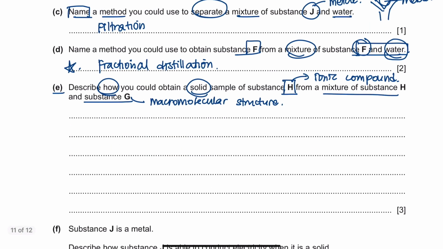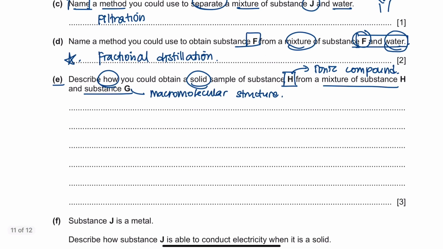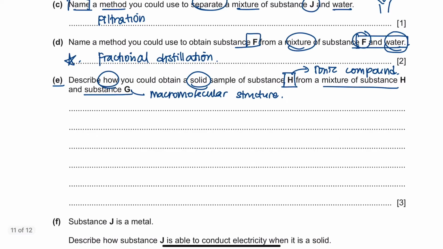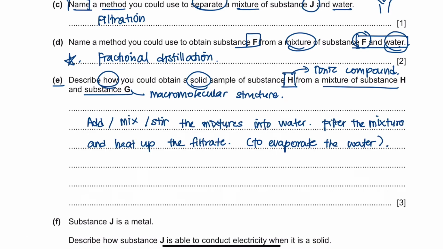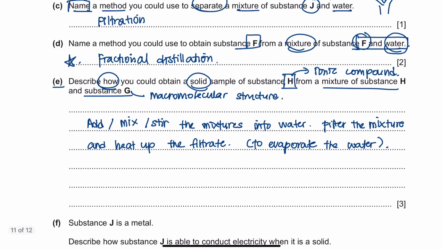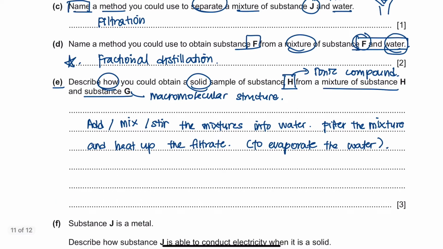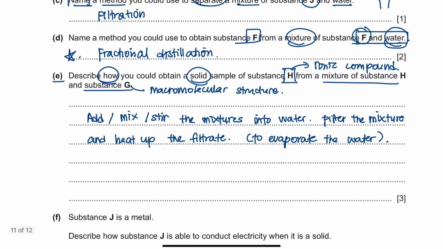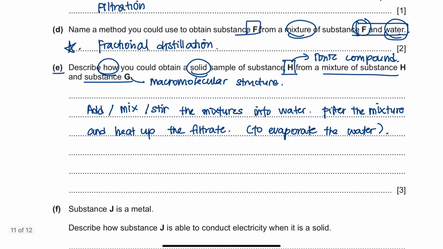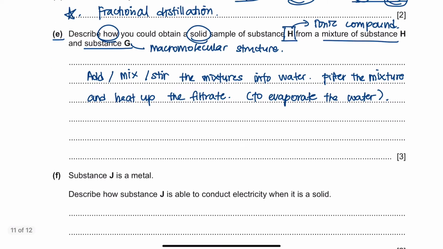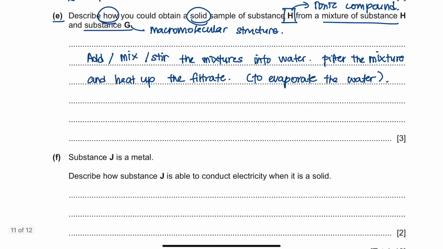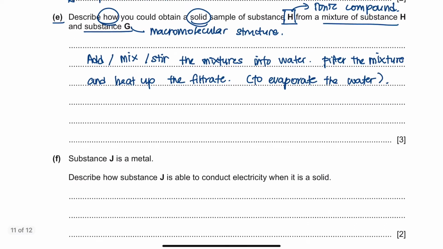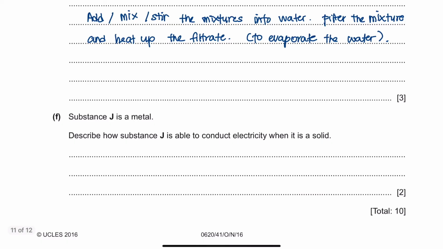This means we are trying to obtain an ionic compound from a mixture of the ionic compound and the macromolecular structure. So what we could do is add the mixture of substance H and G into water. And then we could filter the mixture. Once you have filtered the mixture, you can heat up the filtrate. Once you have heated up the filtrate, you would be able to remove the water out of the filtrate, and that is how you can get a pure solid sample.